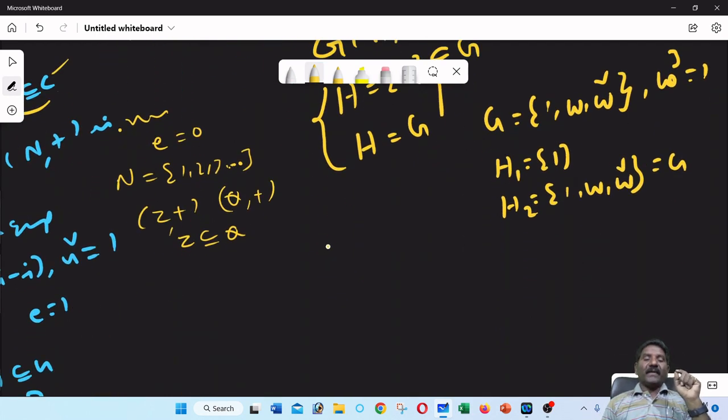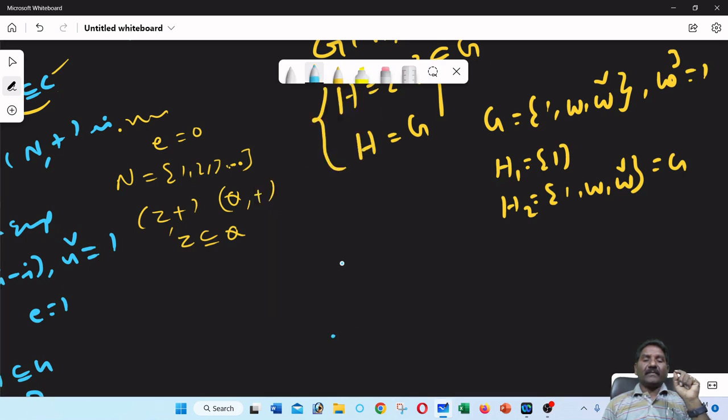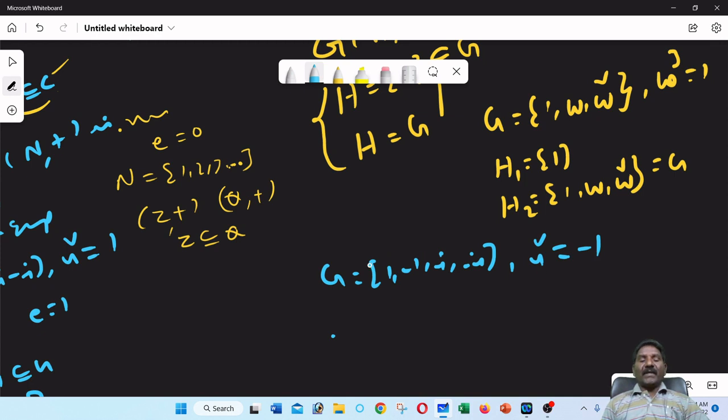Consider another example, the fourth roots of unity. Consider a set G = {1, -1, i, -i}, where i square equals -1. It is a finite abelian group with respect to multiplication.